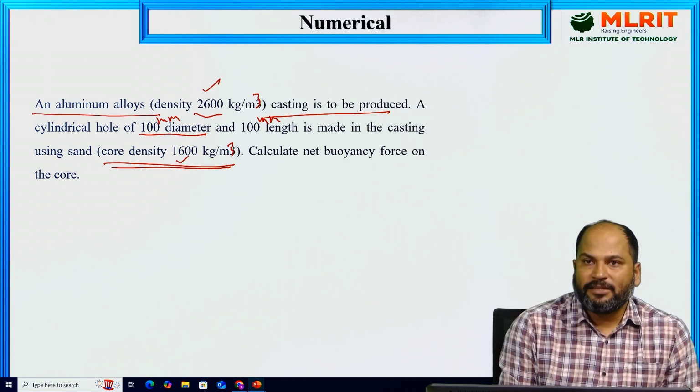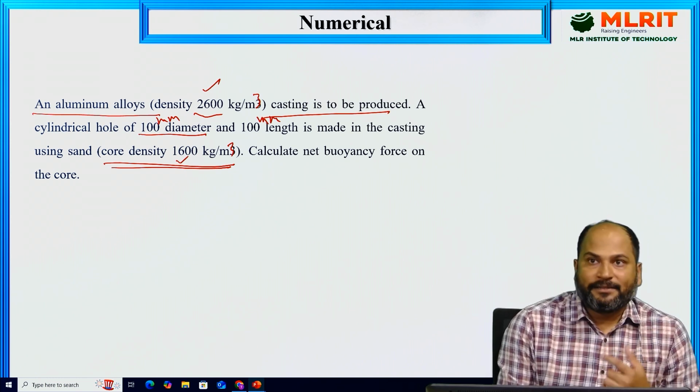It's very easy to calculate. We know weight is nothing but mass times acceleration due to gravity.